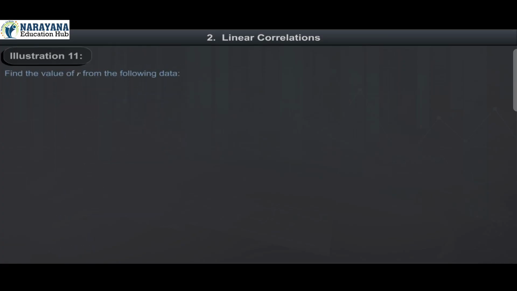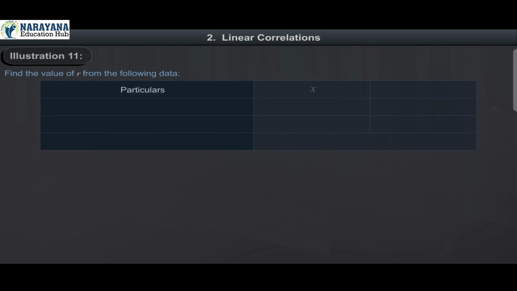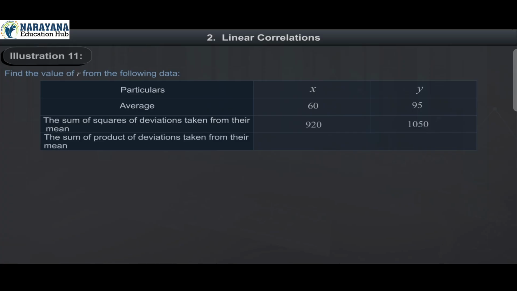Illustration 11. Find the value of R from the following data. Particulars X, Y. Average 60, 95. The sum of squares of deviations taken from their mean 920, 1050. The sum of product of deviations taken from their mean minus 545.